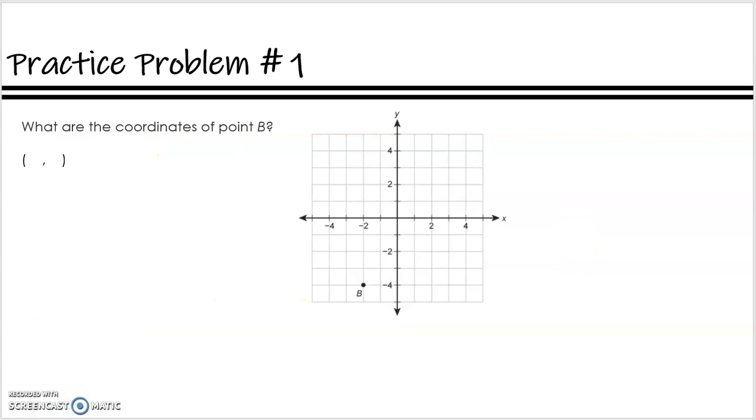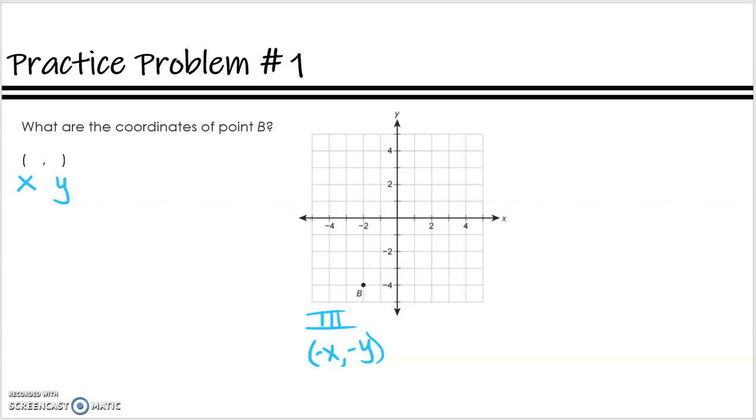Okay, can you tell me the coordinates of where point B is? Remember that the first number is your x, the second number is your y, and positive and negative determines left or right, up or down. This is in quadrant 3. Remember that quadrant 3 is double negative, a negative x and a negative y.